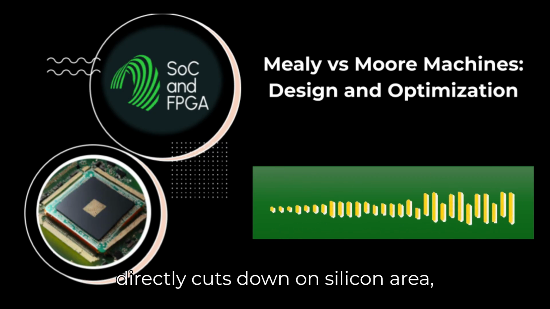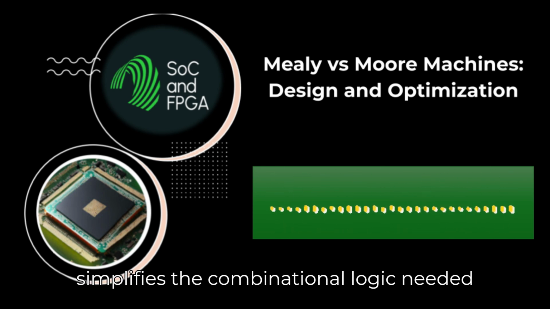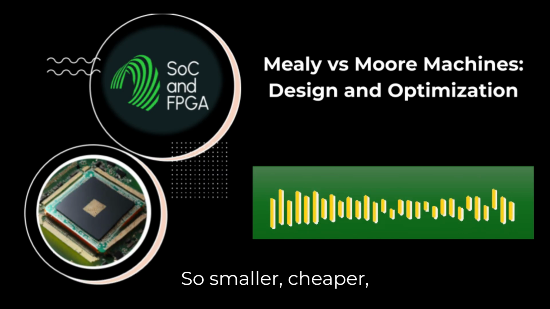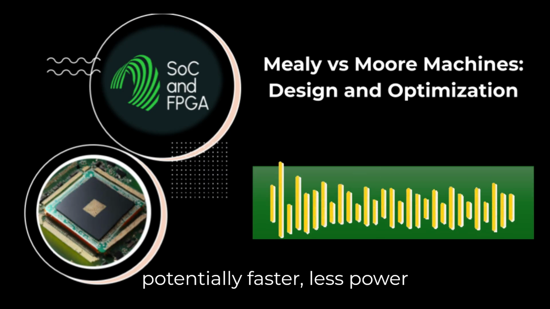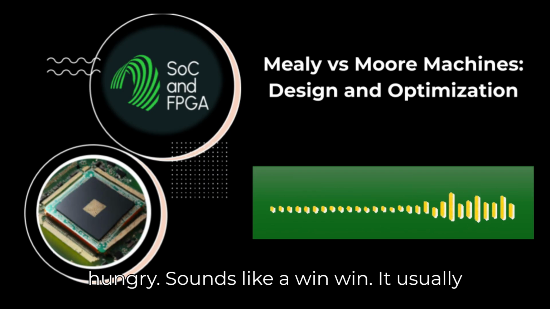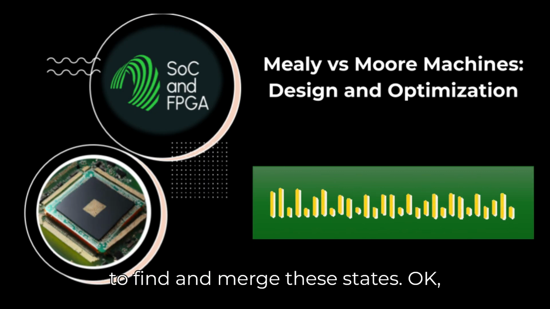That directly cuts down on silicon area, reduces power consumption, and often simplifies the combinational logic needed for next state and output calculations. So smaller, cheaper, potentially faster, less power hungry. Sounds like a win-win. It usually is. Techniques like the equivalence partition method provide systematic ways to find and merge these states.